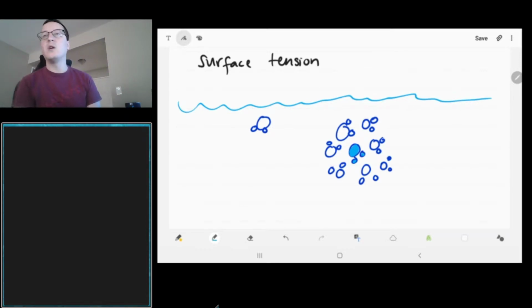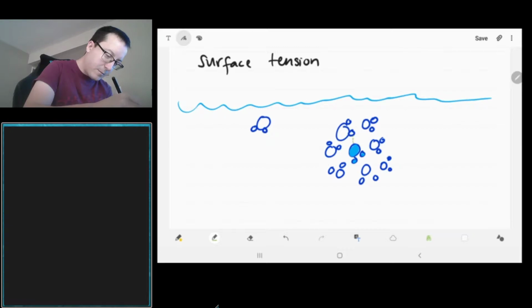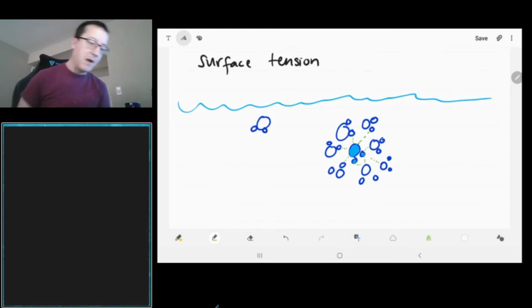Okay. Let's take a look at this water molecule, the one that I am drawing in light blue-ish. If we can imagine, that water molecule is interacting with all the other molecules around it. So we can see there's some attraction there and there, maybe even a little bit there. We have all these minor interactions going on. Those would be hydrogen bonds, right?